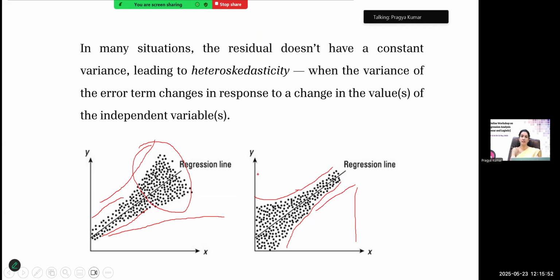If you see such a pattern on the residual plot, the variances are not constant across all values of the predicted one, and then you cannot perform a linear regression. If this assumption is not met, then your data is not fit for linear regression. Am I making sense to all of you?